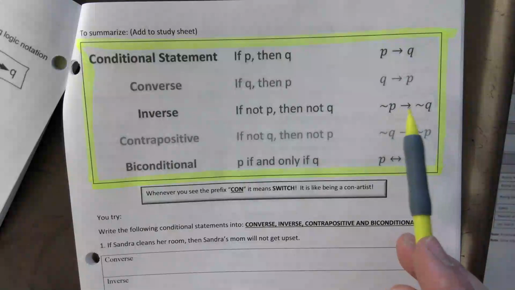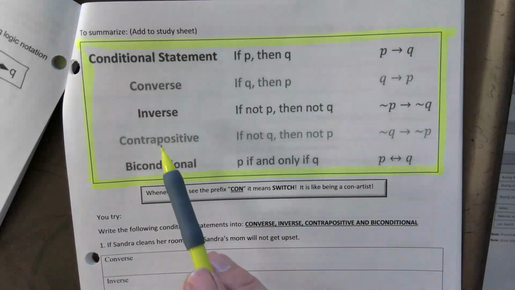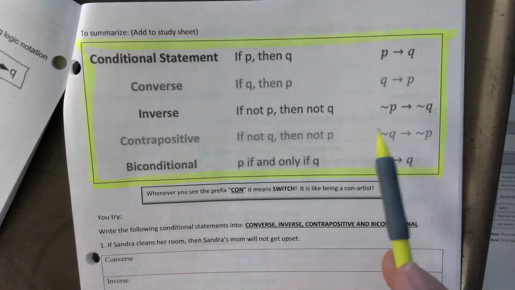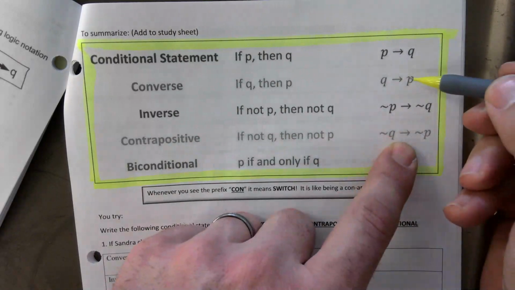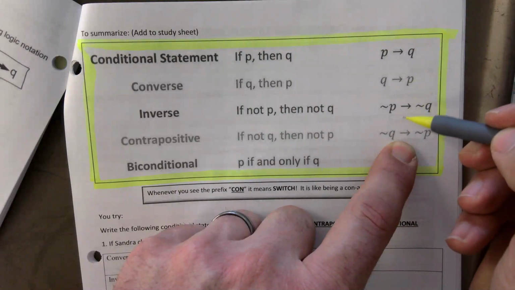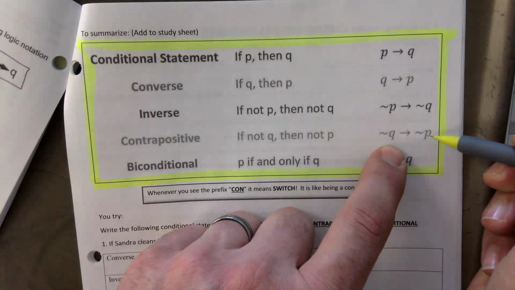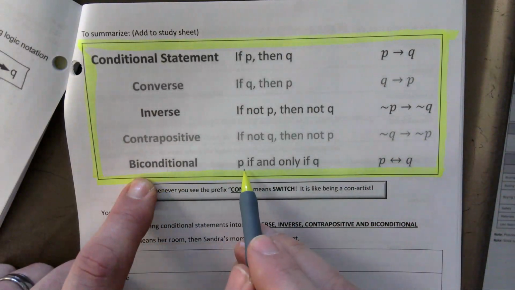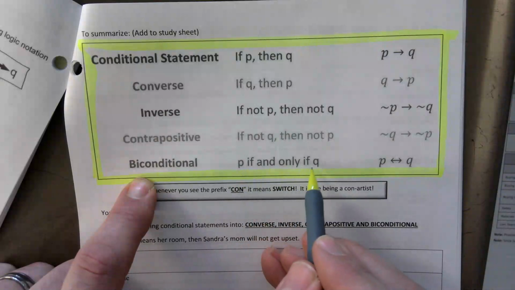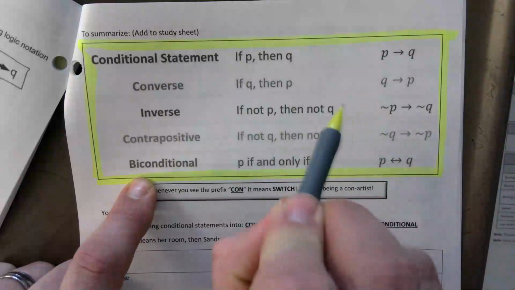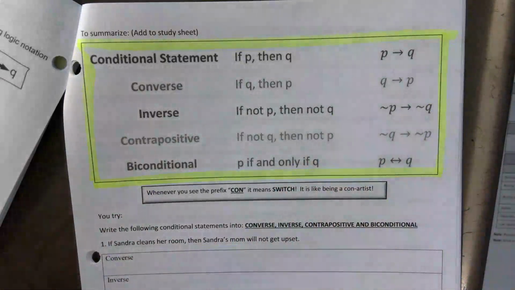Sorry guys, I'm not going to do all three. Contrapositive, you flip and negate. So the contrapositive, you think of it, it's like a morph between these two, right? There's some negating and flipping. Then you have your biconditional. P, if and only if Q, you got the arrows going both ways. Otherwise, it only ever goes from left to right.